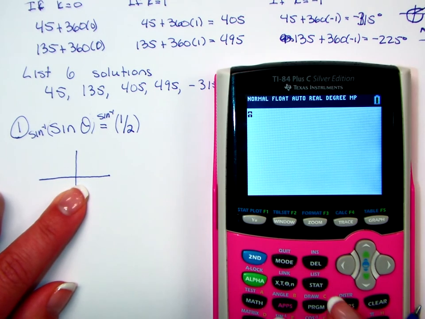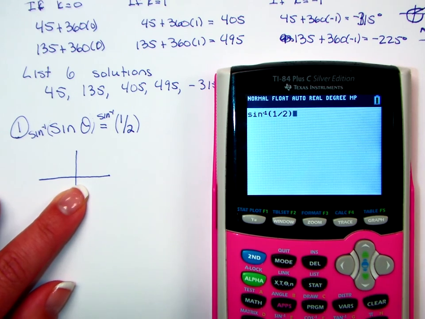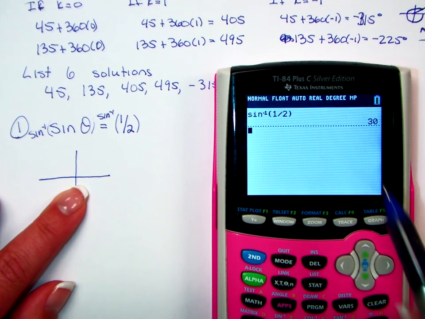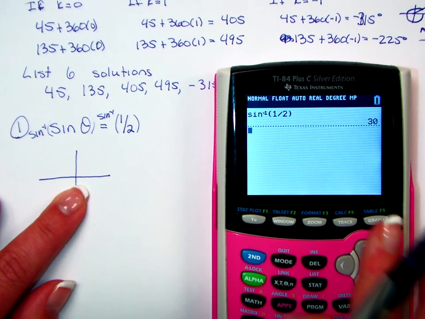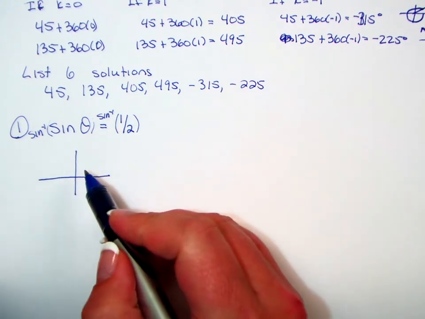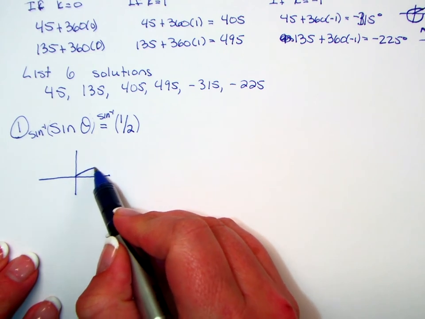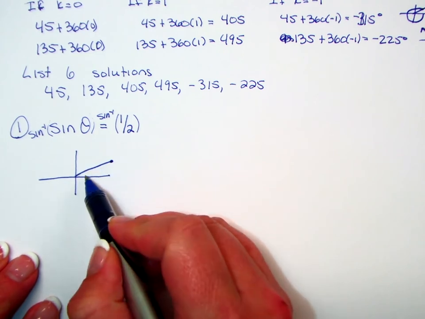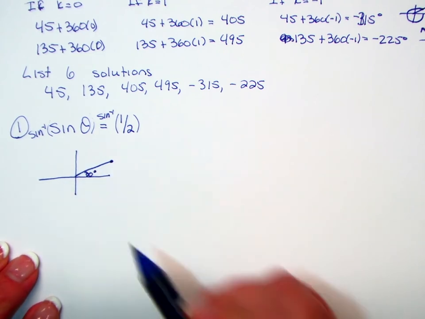Sine inverse of 1/2. Now, if you remember what this angle is, you're ahead of the curve here, but when I hit enter, it's going to give me 30. Now, we're in degrees, so that's 30 degrees, right? So I know that one of my angles is at 30 degrees.